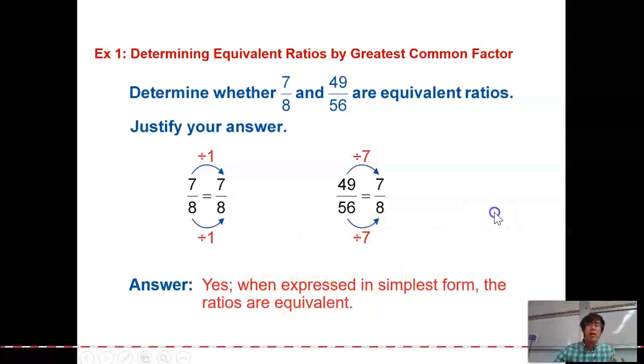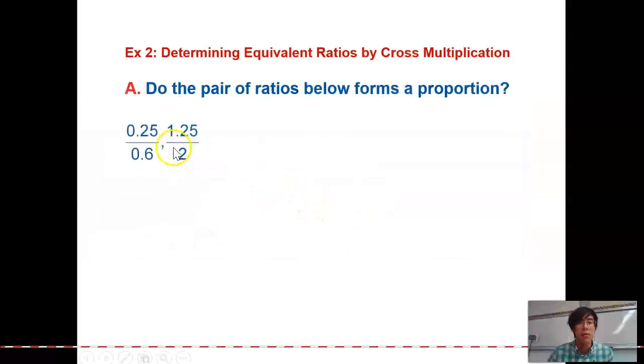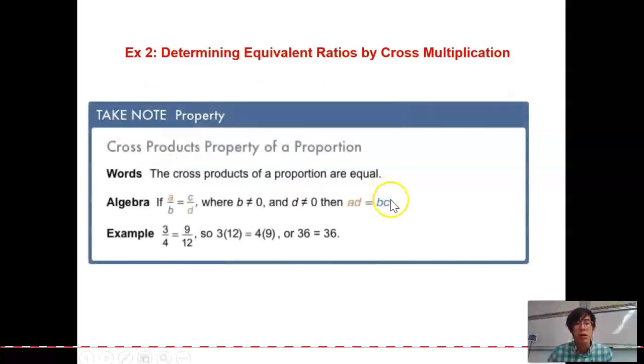Alright. But what happens if, let's say, you have two fractions, and it's really hard to find that common multiple, that common factor between the numerator and the denominator? If you have decimals, we can use a different technique called cross multiplication. Right?